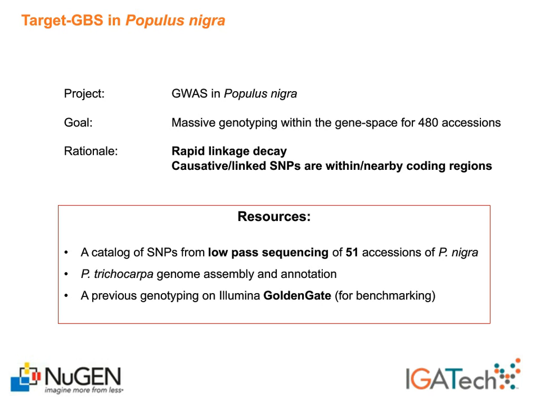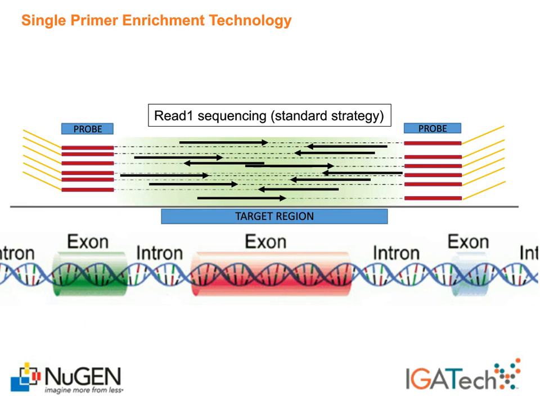We decided to consider the SPET technology from NuGen. This technology utilizes a single primer enrichment system to enrich a short fragment library for target regions. In its original design, one end of any fragment is defined by the annealing site, which determines the enrichment for a particular locus, while the others, being generated by fragmentation, are scattered across a region of some 200 to 300 base pairs.